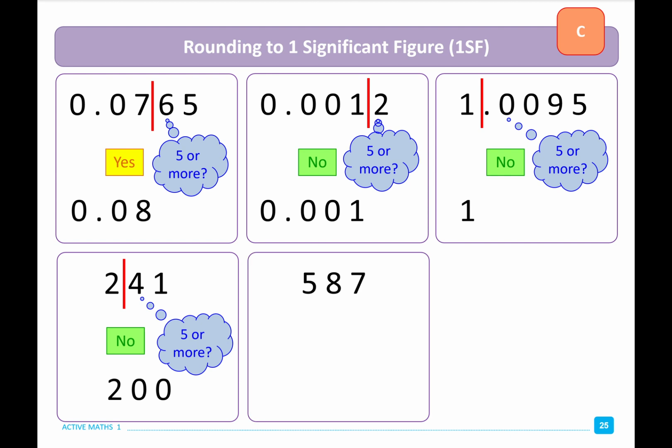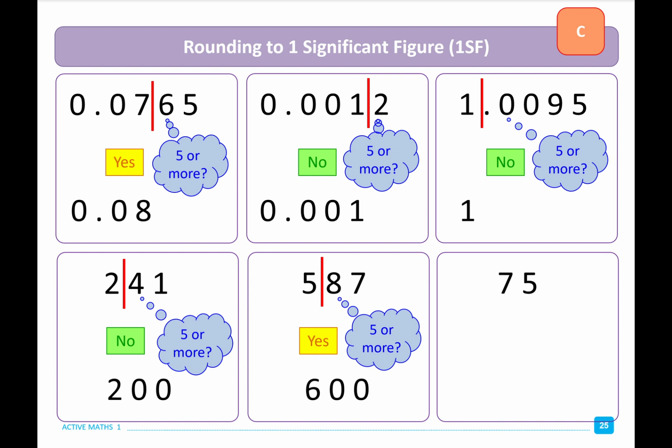What about 587? Keep your first value. Is the number after the first significant figure 5 or more? Yes. So we round up and all other digits go to 0. Let's try one more. 75.